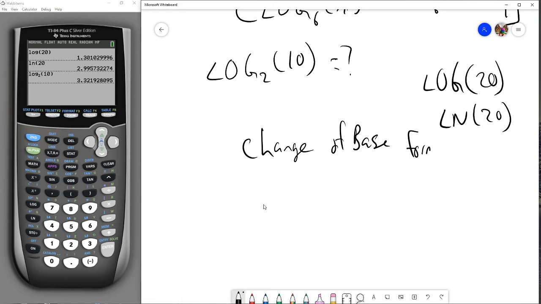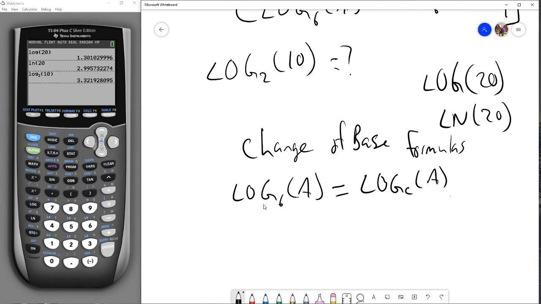So the change of base formula says this: if I have log base b of a, that will equal log base c of a over log base c of b.